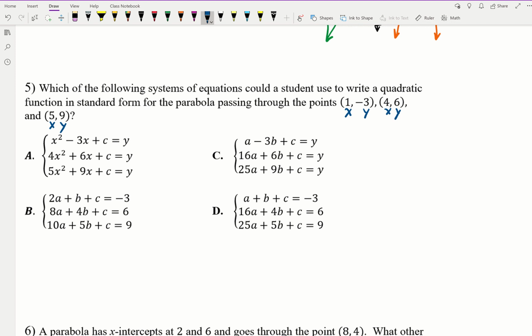A parabola in standard form is ax squared plus bx plus c equals y. Now, I could have put the y on either side I wanted to. I put it over here because that's how these answers are set up. The thing that we need to understand to answer this question is that to write our function, we're going to need to know a, b, and c. 3 unknowns means 3 equations.